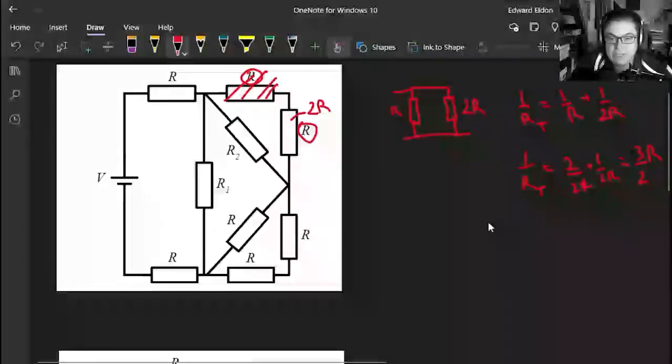And this then means that RT is going to be equal to 2R over 3.